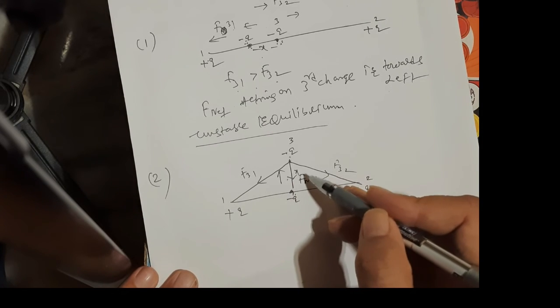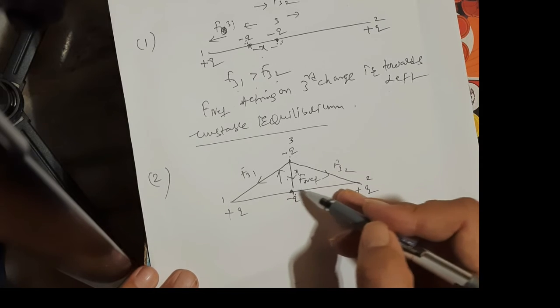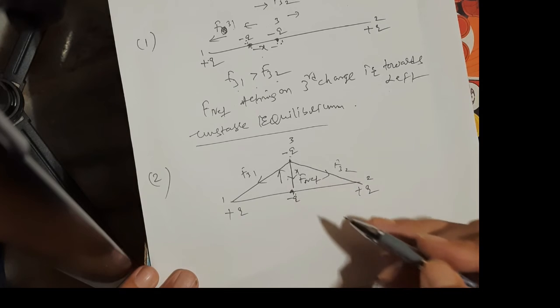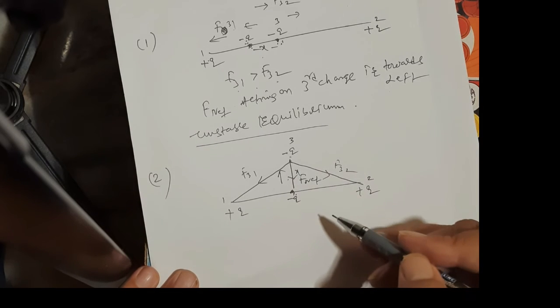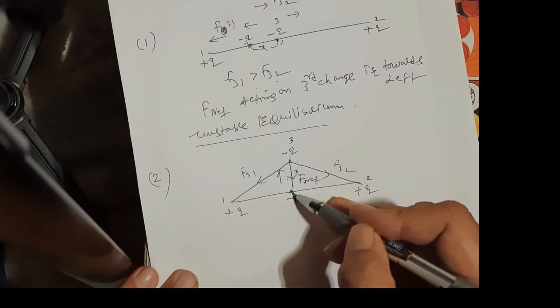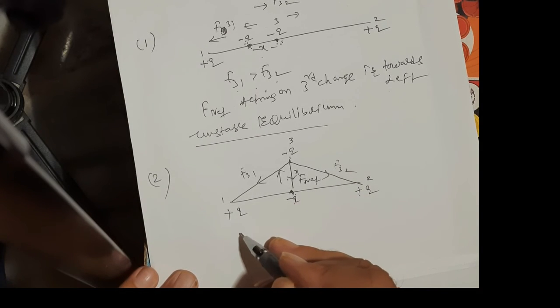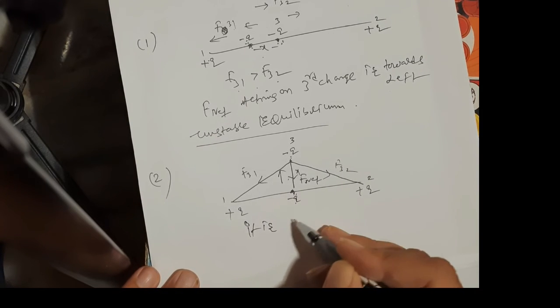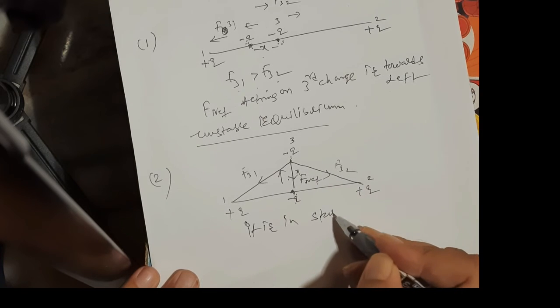That means the force and displacement are in opposite directions, and the particle performs simple harmonic oscillations. So the particle again comes into the mean position, the mid position. This charged particle is in stable equilibrium.